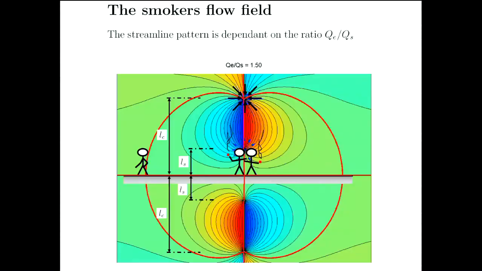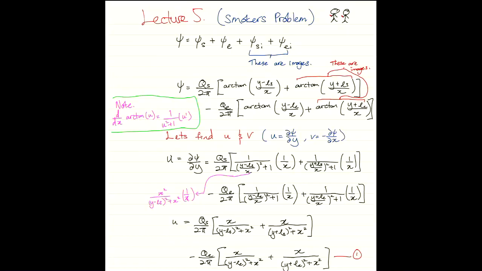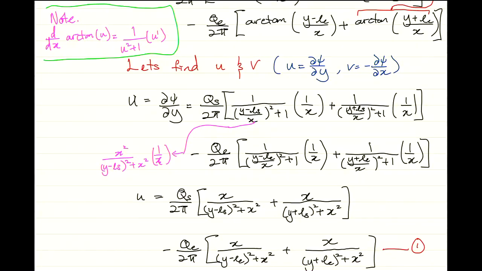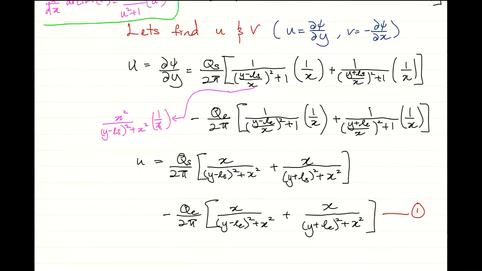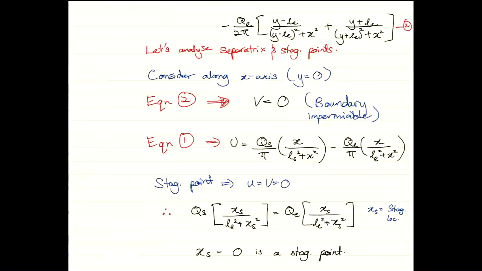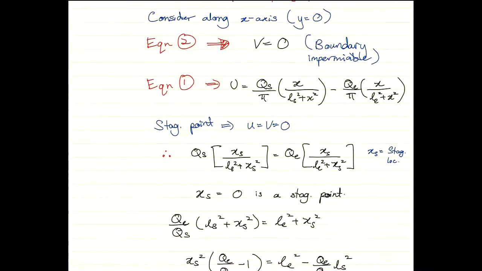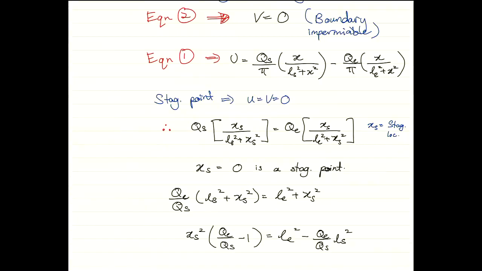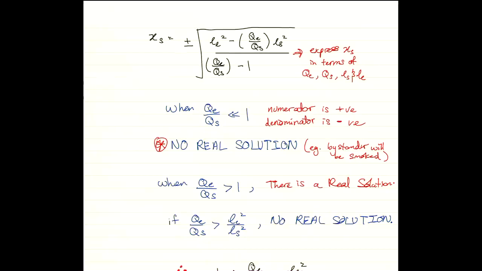Yep. So in the previous lecture, we derived our stream function. We also had an expression for our velocity u and also v. Okay. And what we did next was to consider the stagnation points along the x-axis, right? And we got this expression here. So our stagnation points along the x-axis depend on QE over QS, right?